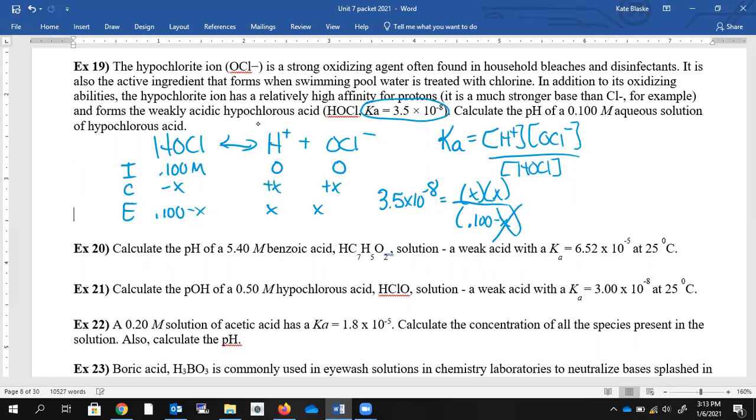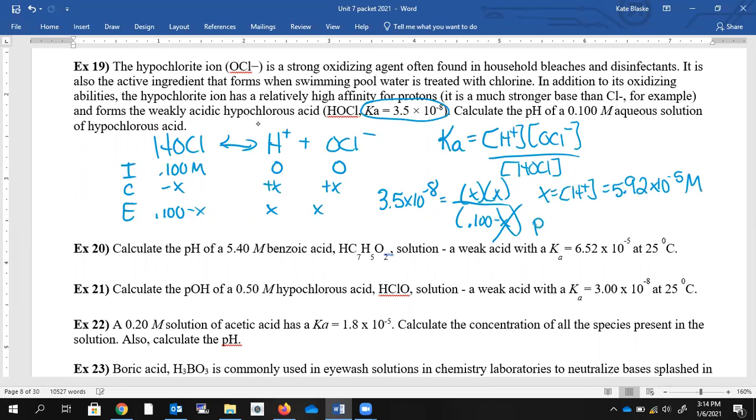The 5% rule says I can remove that X from the denominator and calculate this out. So 0.1 times 3.5 times 10 to the negative 8th, and then take the square root to find X. My X value is my H plus concentration, which comes out to be 5.92 times 10 to the negative 5th molar.